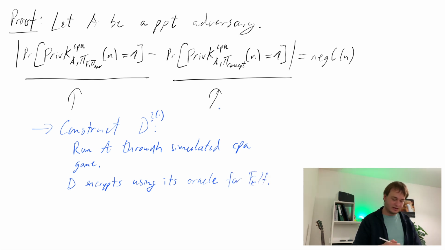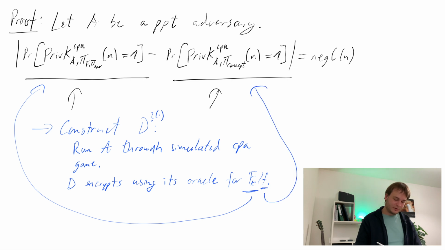And then the nice thing is that if the oracle is F_K, so the PRF, then for A it will look like A is in this world. And if it's the properly random function that is the oracle for D, then it will look for A like it's in this world. Eventually, A will output two messages.